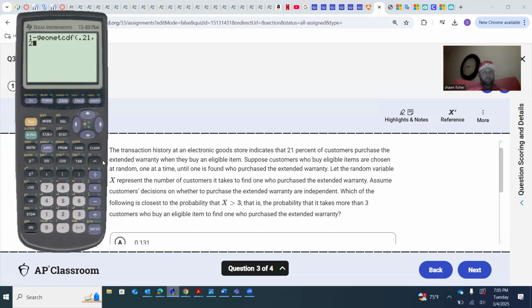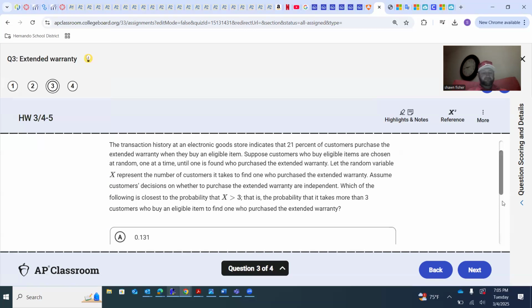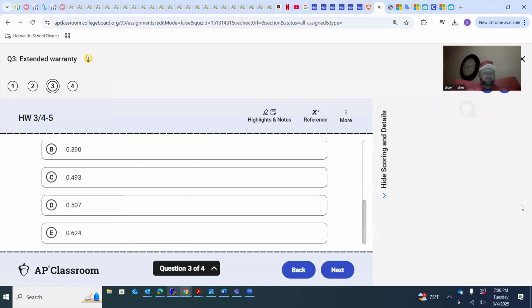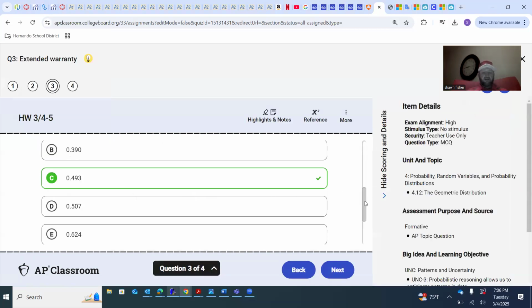Actually, it can equal 3, can it? So 3 or less, because he wants everything greater than 3. I think that is right. I think it was 493. Let's check our answer. Okay, there we go.